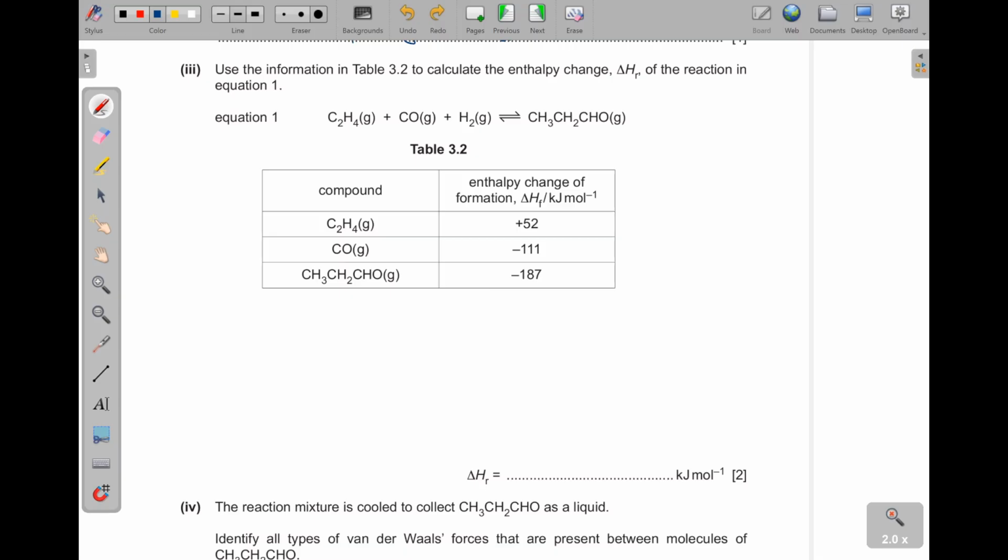So our reaction here is C2H4 plus carbon monoxide plus hydrogen, giving CH3CH2CHO, which is gaseous.